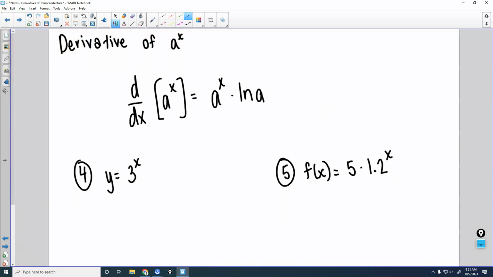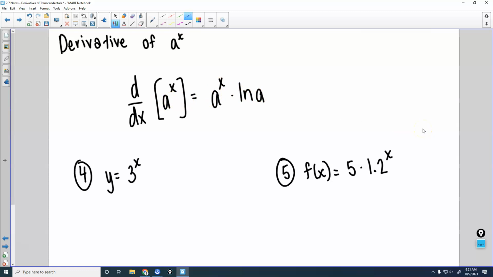Okay, let's talk about exponentials. So derivative of a to the x. A here could be any real number. So if I take the derivative of a to the x, I will get a to the x times the natural log of a, whatever the base is there.